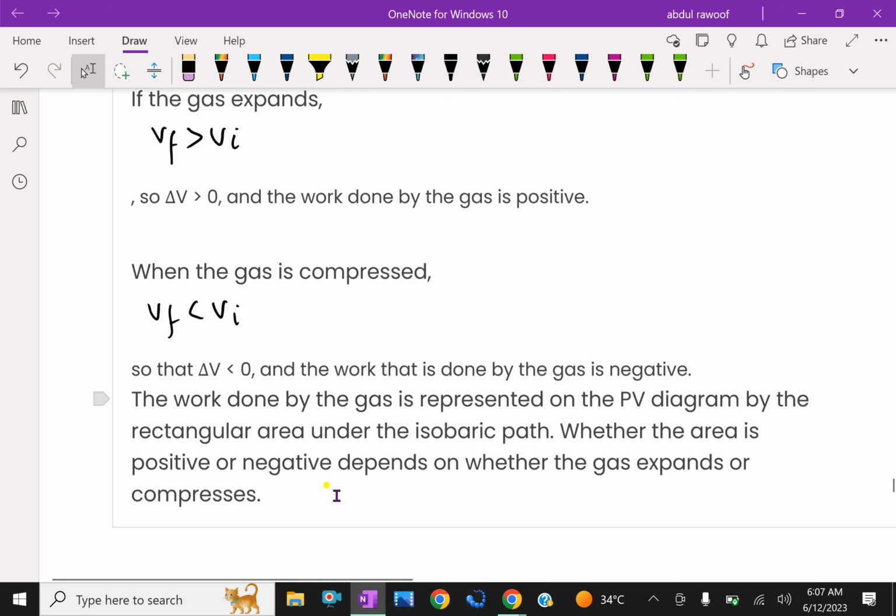Whether the area is positive or negative depends on whether the gas expands or compresses. When the gas expands, this is positive work done by the gas, and if you compress it, work is done on the gas to compress it.